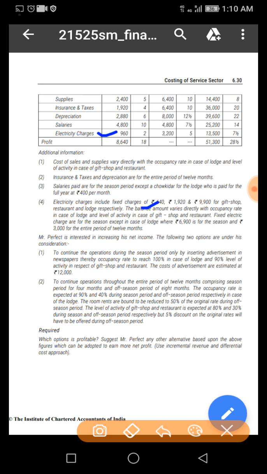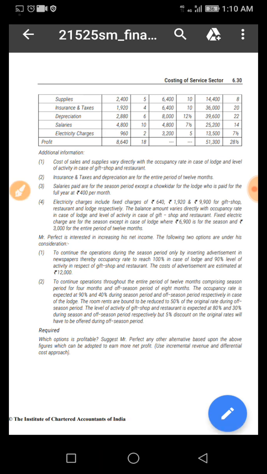So whatever balance is there, that balance alone is directly varying with occupancy rate in case of lodge and level of activity in case of gift shop and restaurant. Fixed electric charges are for the season, except in case of lodge where 6,900 is for the season and 3,000 for the entire period of 12 months.